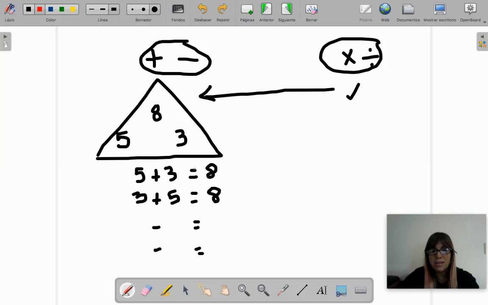That means we begin here in the 8. That's going to be our first number of the subtraction. Then we subtract 3, and our answer is going to be the first number. But because we do it backwards, we're going to say first 8 minus 3 equals 5.